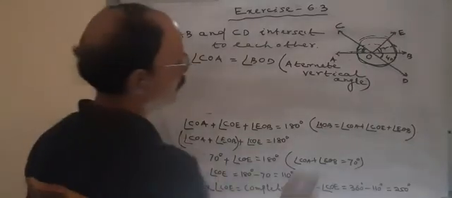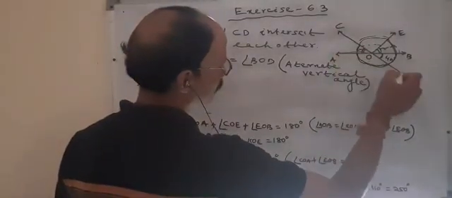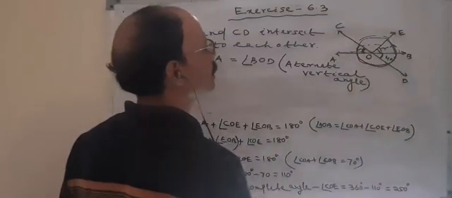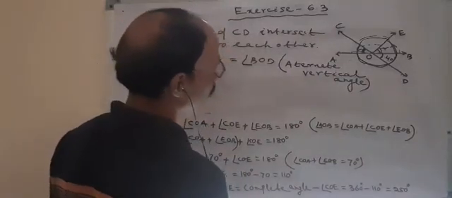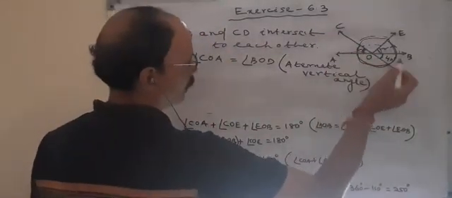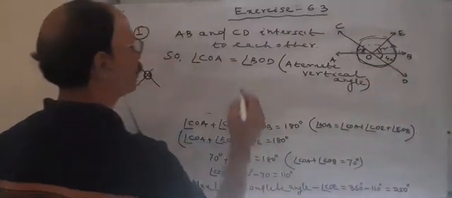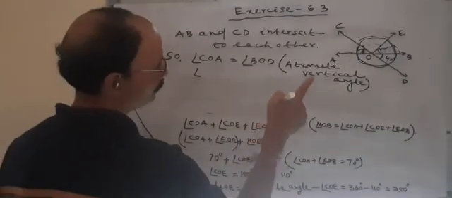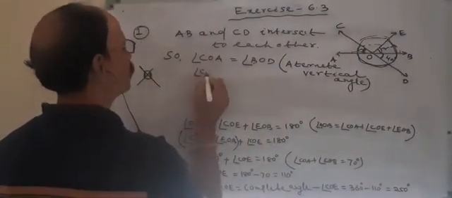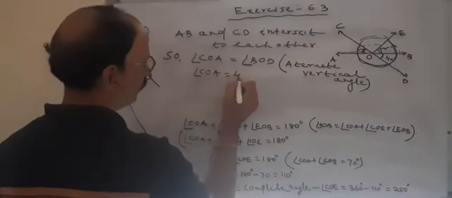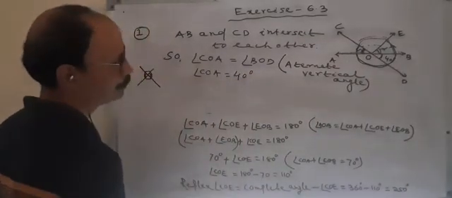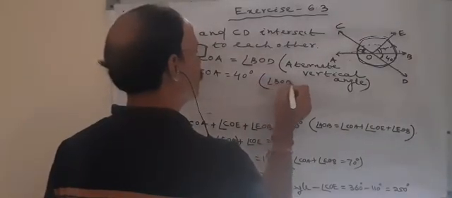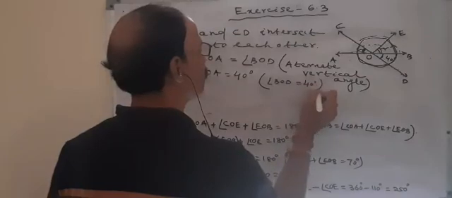So here AB and CD are intersecting each other, so opposite vertical angles will be equal. So COA and BOD are both equal, and we already know BOD is 40 degrees. So COA will be equal to 40 degrees, because it is given that BOD equals 40 degrees.